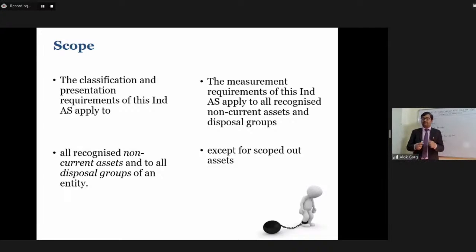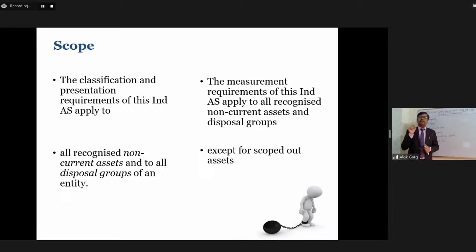So whatever non-current asset has been recognized as per the respective standard, this standard's classification and presentation requirement applies to it. This standard does not tell which item has to be recognized as a non-current asset. Non-current assets have to be recognized as per IND AS 1 or the respective standard.